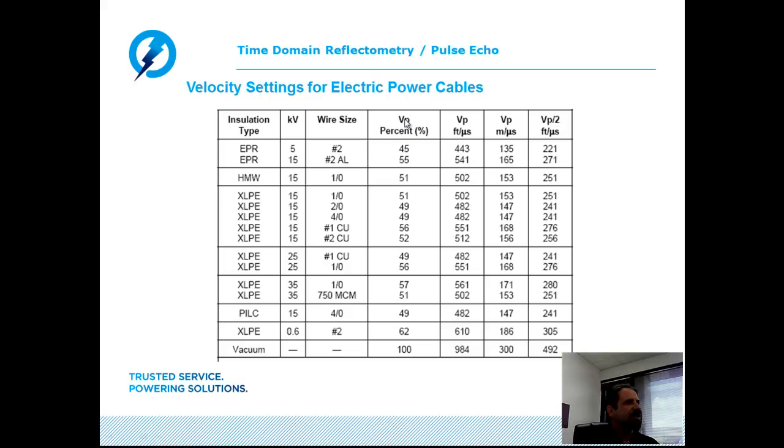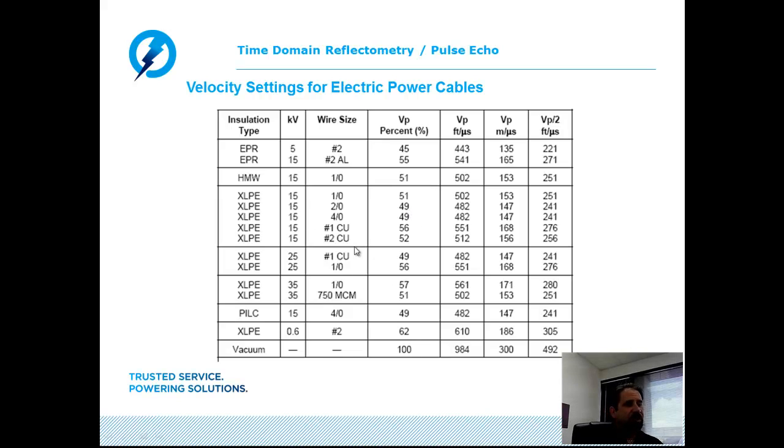A velocity of propagation percentage of 51 means nothing more than that the pulse is going to travel at 51% the speed of light. So 51% of 984 feet per microsecond, or 502 feet per microsecond, is the speed at which we'll be traveling through that style of cable.